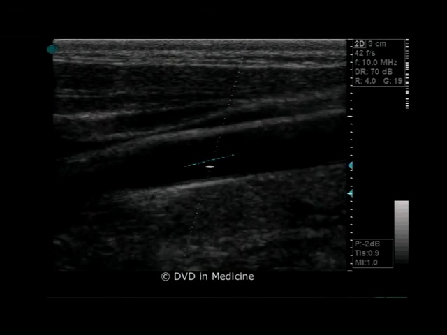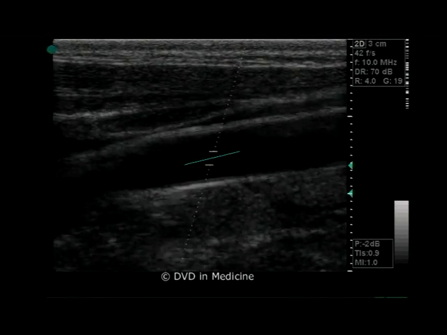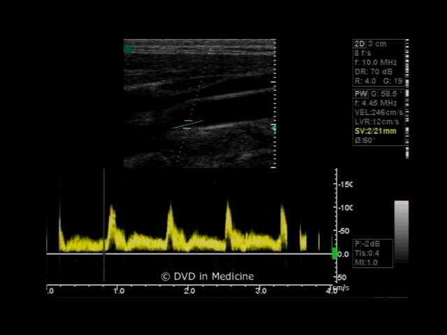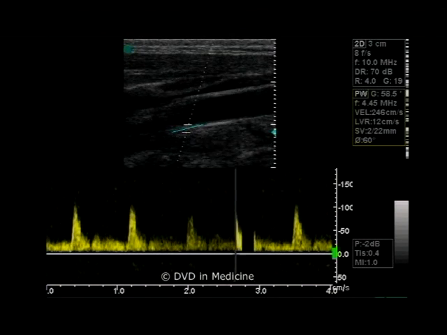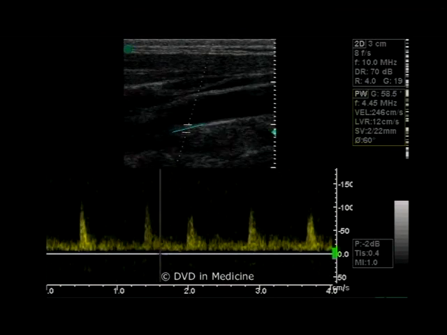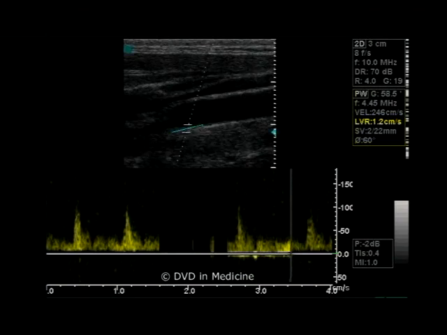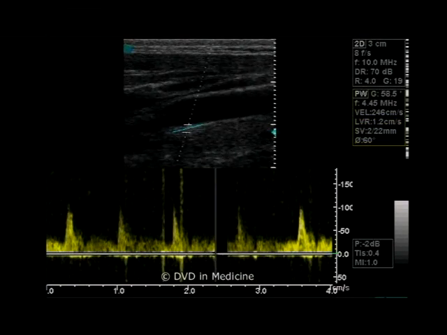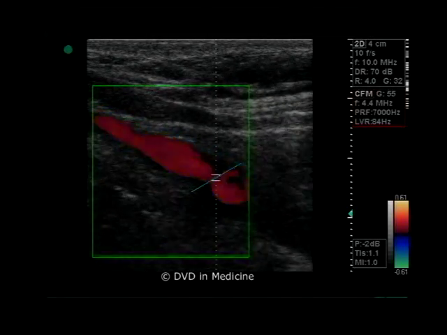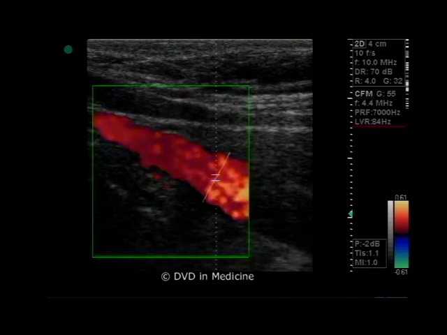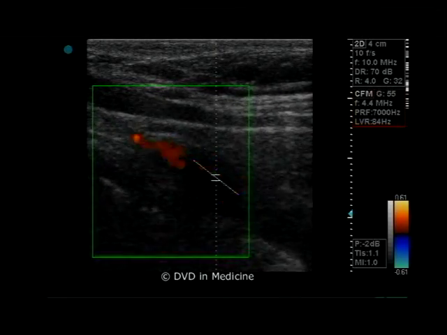There is natural turbulence at the edge of the lumen and so-called wall thump. One should also make correction of the Doppler angle. The Doppler angle is kept as low as possible, ideally less than 60 degrees. If the angle will be more than that, the measurements will not be correct.